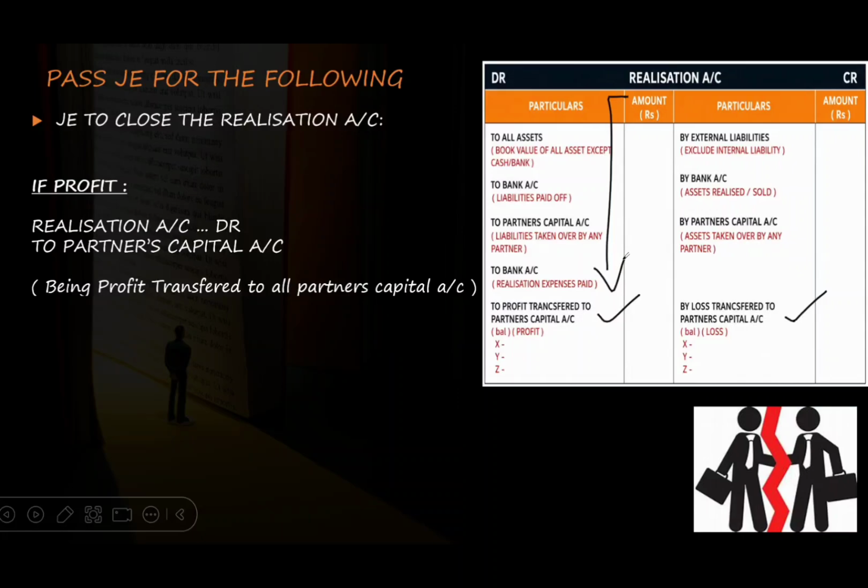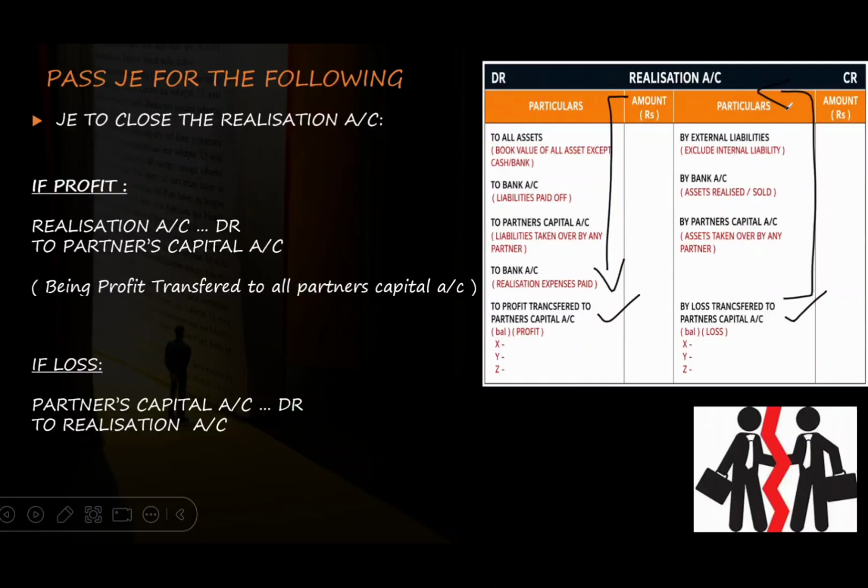If it is loss, it will be partner's capital account debit to the realization account, that is, being loss transferred to all partners' capital account. So these are the entries to be passed when we have to close the realization account.